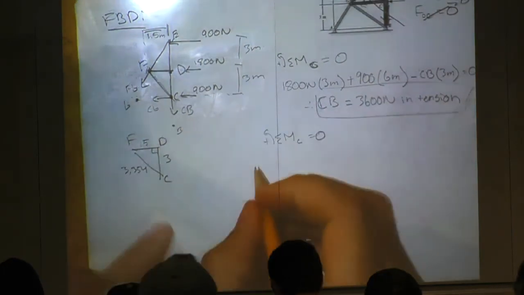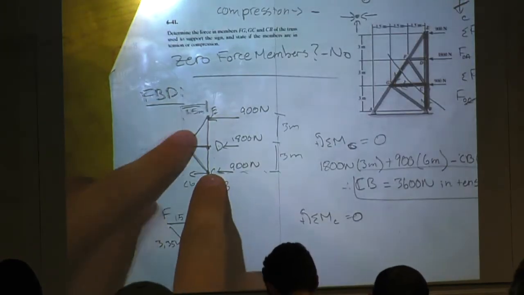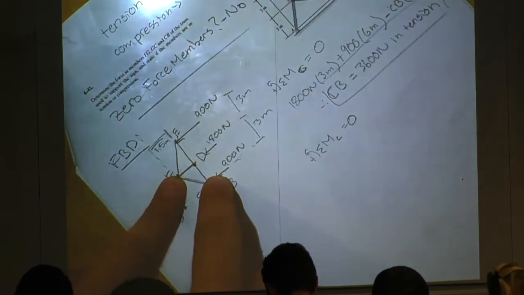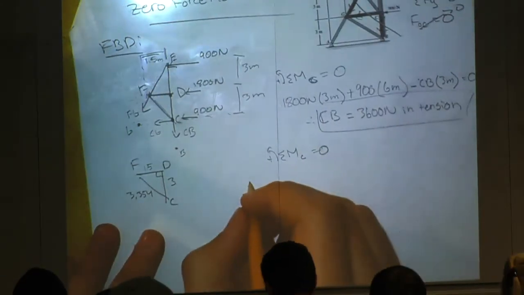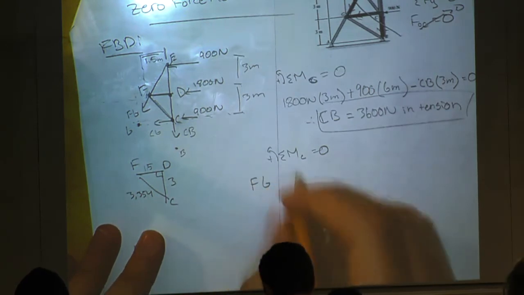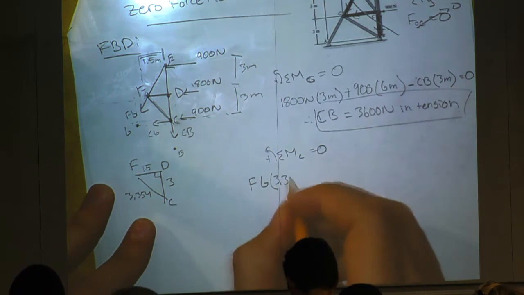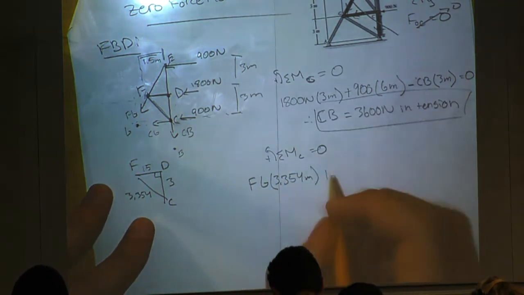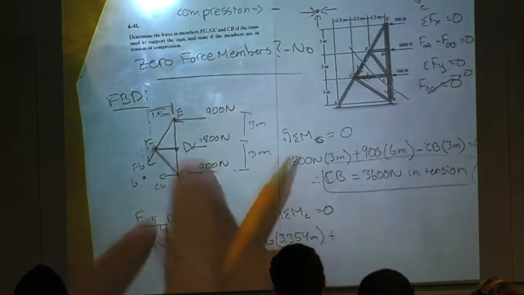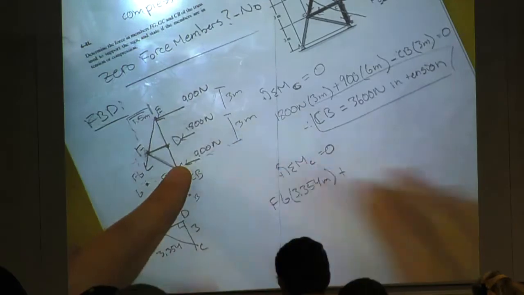So now I'm going to do my moment, right? In this case, FG about point C spins me counterclockwise, so that's my positive direction. So I'm going to have FG, positive, times the distance from F to C, 3.354 meters. And then this 1800 is also going to give me counterclockwise, as well as this 900.